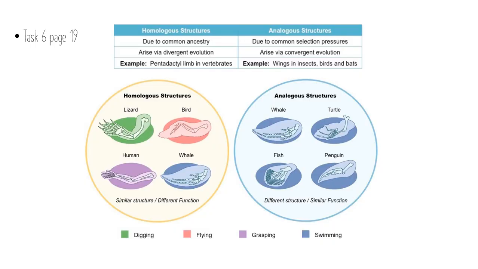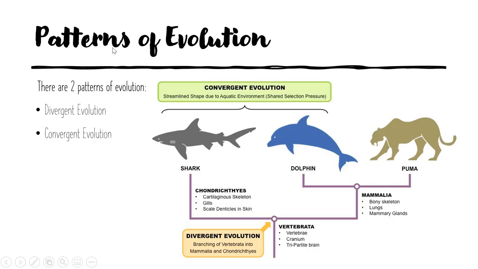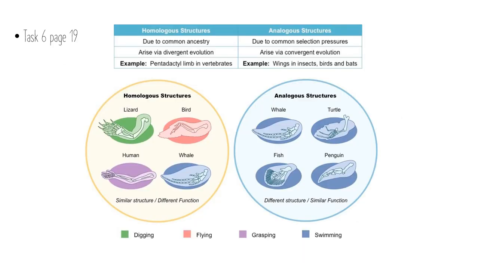So this leaves us with a comparison between the two. Homologous structures are due to common ancestry. So they have a common ancestor, have evolved from a single point, some point back in evolution. They will arise from divergent evolution, which we're about to talk about. And this limb, the pentadactyl, the 5 fingers that we see in vertebrates, so everything that has a backbone, has evolved from that common ancestor.